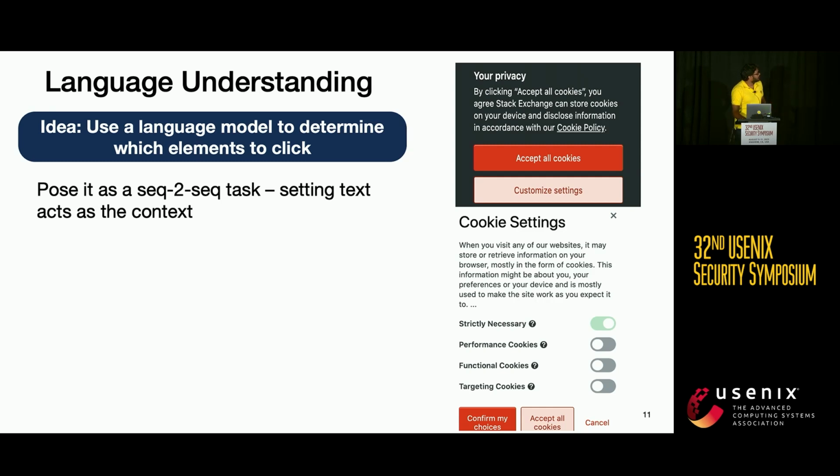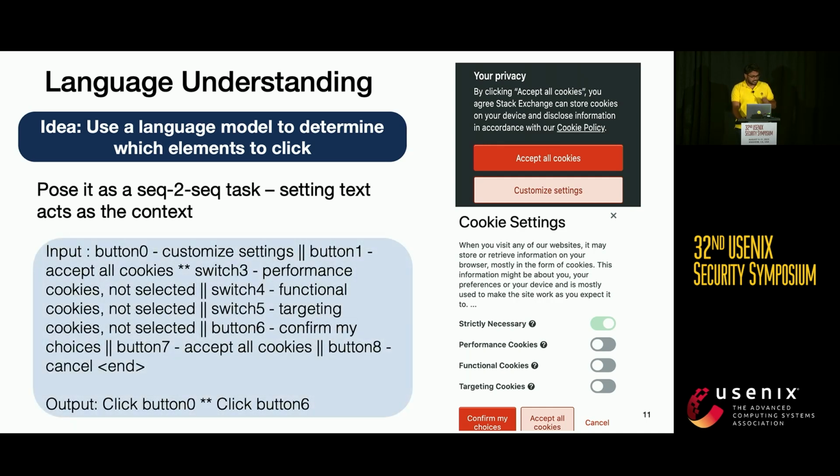For example, here we have different options for the same website, and this is the input to the model. As you can see here, there are buttons, switches, and switches also contain tags such as not selected or selected, which allow the model to understand that these are configurable options. And then finally, we train the model to output which elements to click.